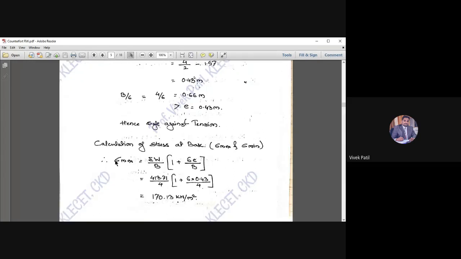What will be the equation for sigma minimum? 1 minus 6E by B. Only the positive sign will change to a negative sign. Calculate the value of sigma minimum. 36.71.